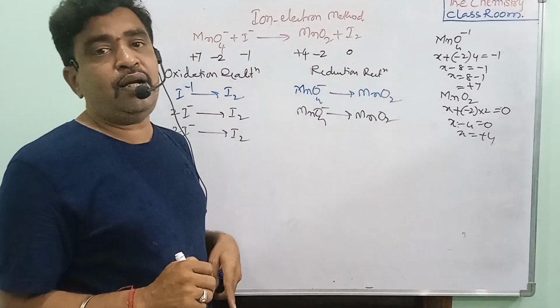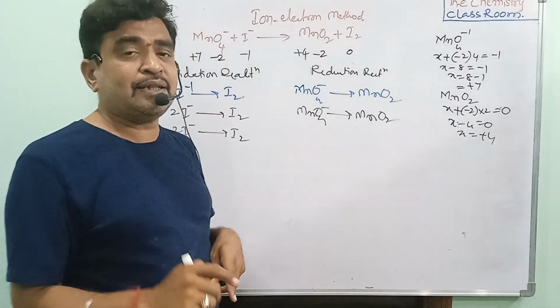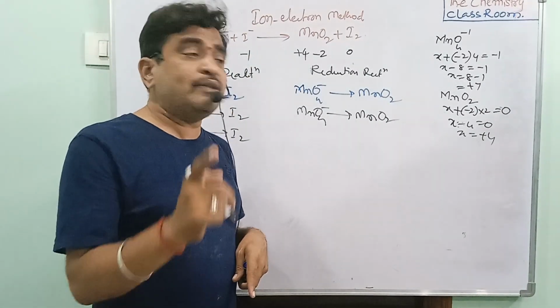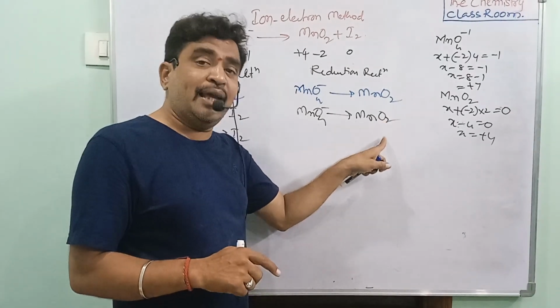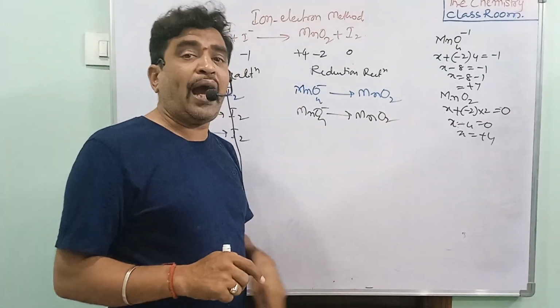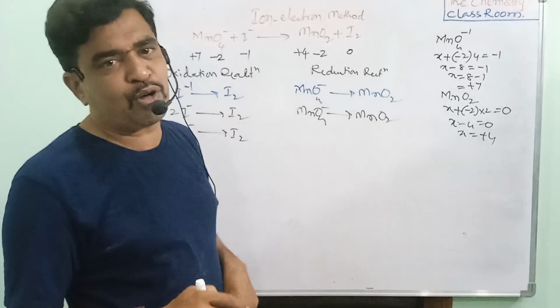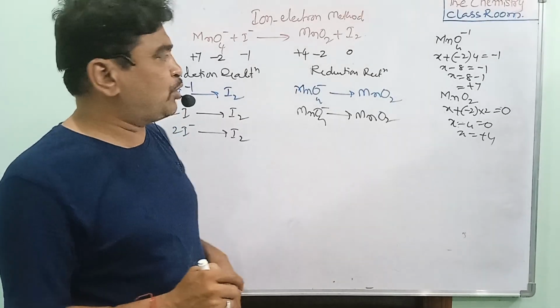In this method, to balance the oxygens, on the side where the oxygens are less, you have to add water molecules. What do we have to add? We have to add water molecules.